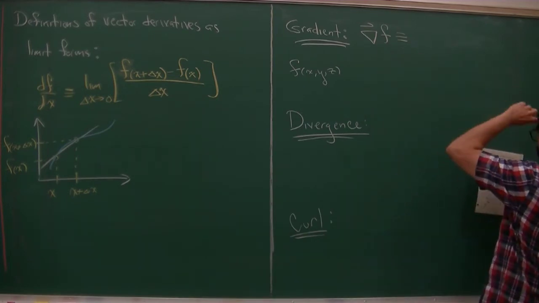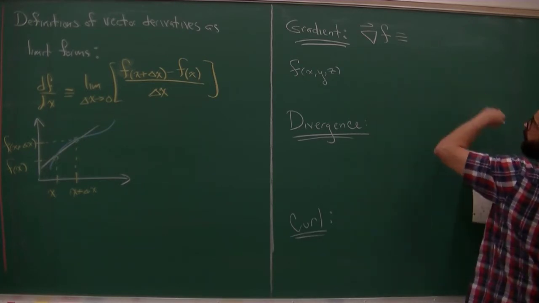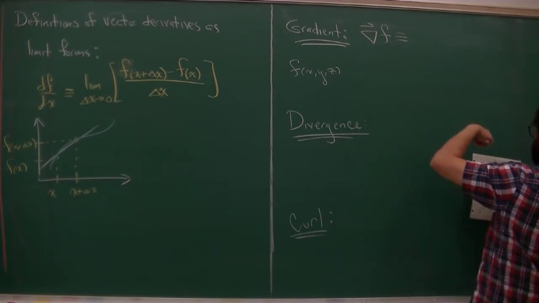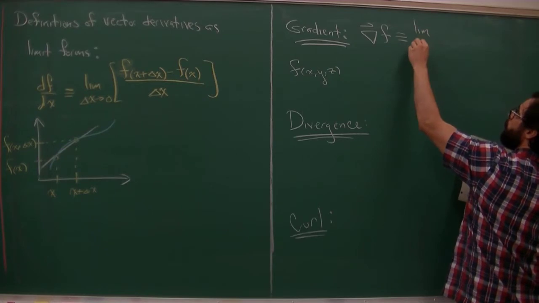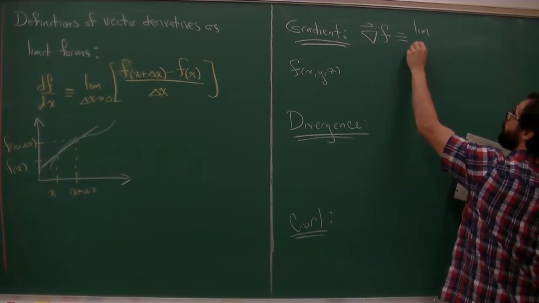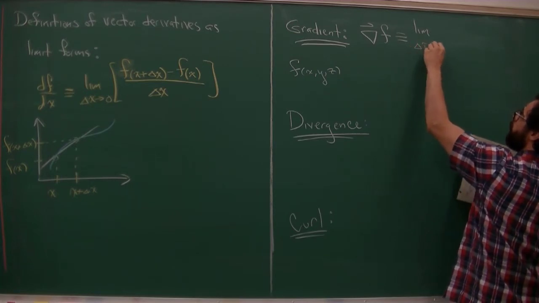So the gradient geometrically gives you the direction of the greatest descent of the scalar function, and its magnitude gives you the rate of change in that direction. But what you can do is define it like this. First I'll call this delta tau.